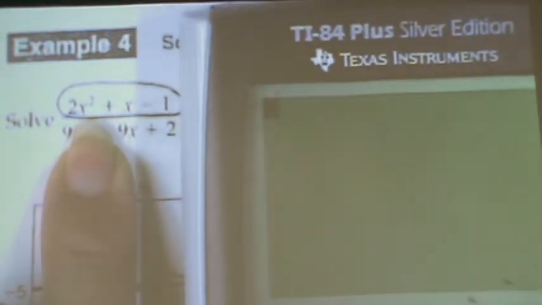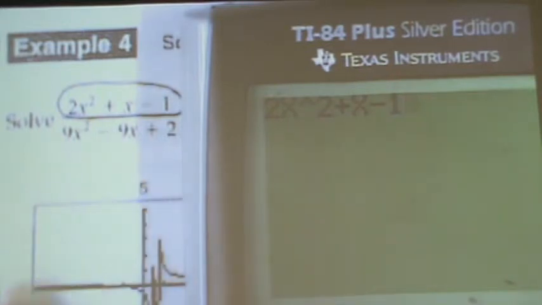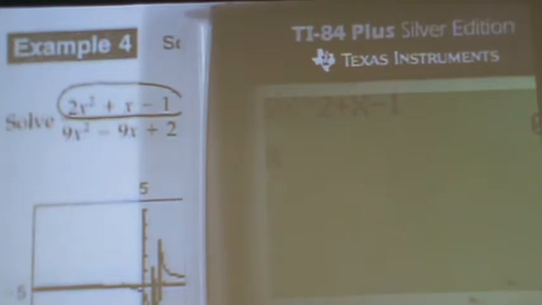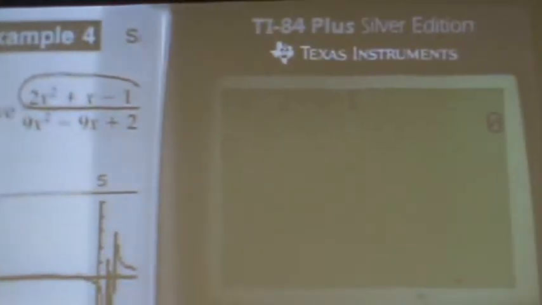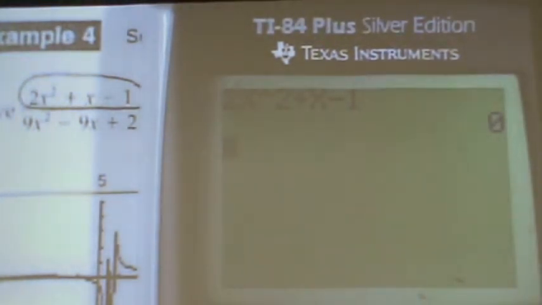I want you to type in 2x squared plus x minus 1, and then hit enter. What this calculator will do, it'll take that last answer, it stores it, and you're going to type this equation in. What your calculator did was it plugged 0.5 into this equation, and the answer is 0. That's a check. If you didn't get a 0, it's not the right answer. Then go back and redo it, okay?